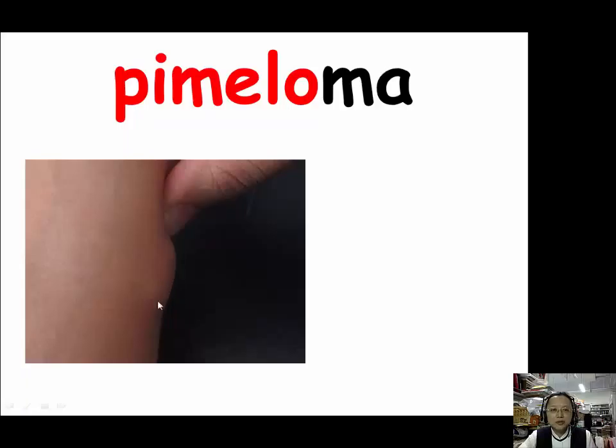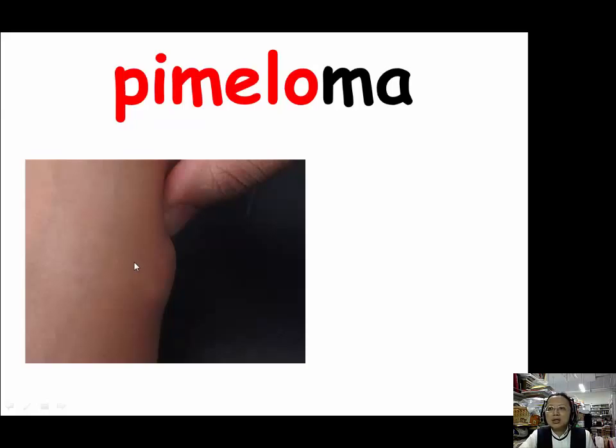In this picture, this person is having a pimeloma here. Pimeloma, also called lipoma, is a benign, soft, sometimes rubbery, encapsulated tumor of adipose tissue, usually composed of mature fat cells.